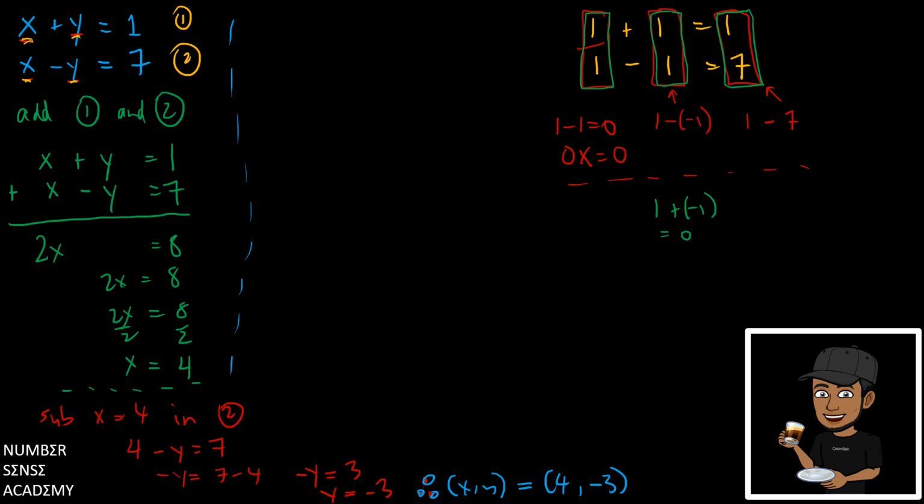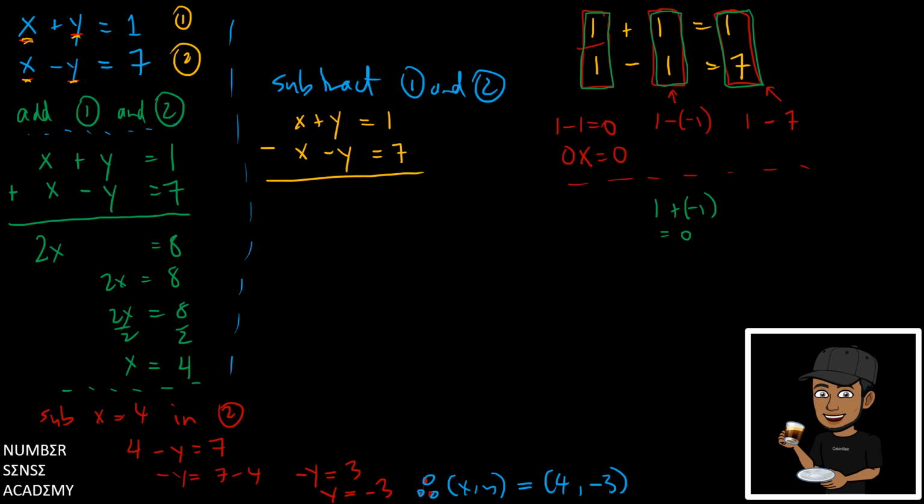So now I'm going to quickly show what would happen if I chose to subtract 1 and 2. I'm ignoring these for now. I'm going back to the beginning. I'm going to subtract 1 and 2. So what does that look like? So now I have x plus y is equal to 1 minus x minus y equals 7.